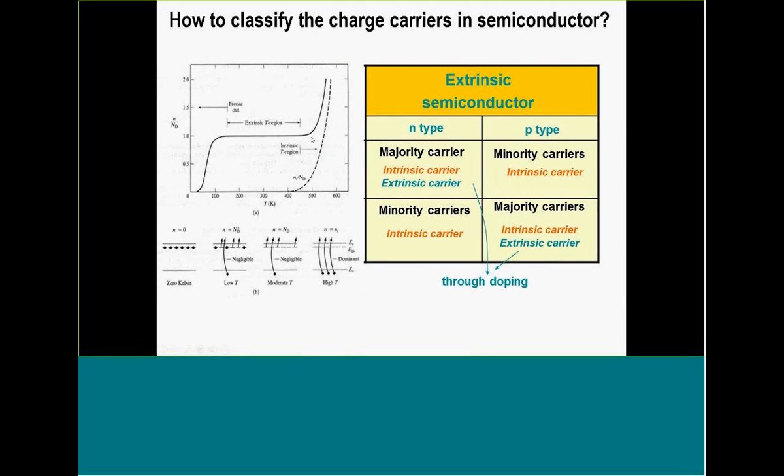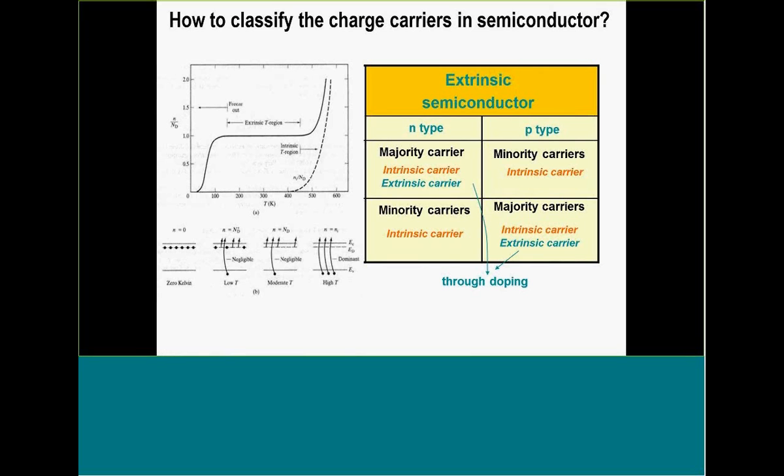If you look here in my diagram, at 0 Kelvin, let's say we have the n-type dopant, and we have our electrons here at the energy level near the edge of the conduction band. But at 0 Kelvin, there's a freeze out where the electron stays at its respective energy level. It's not going anywhere because it doesn't have any energy.